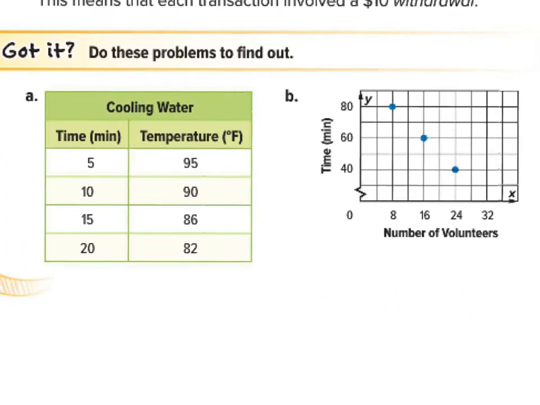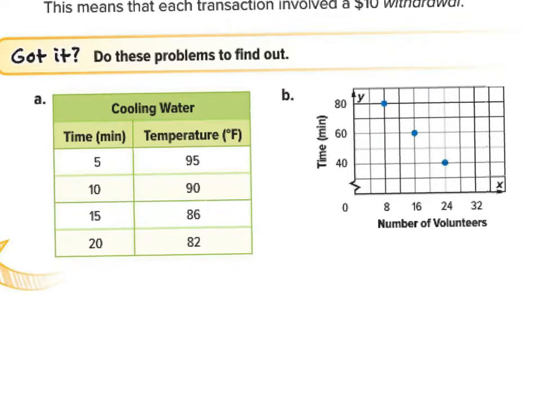So what is it that we want to do here? For these 2 displays of information, I want you to tell me if you see a constant rate of change. So we have a table and we have a graph. For this table, do we have a constant rate of change?